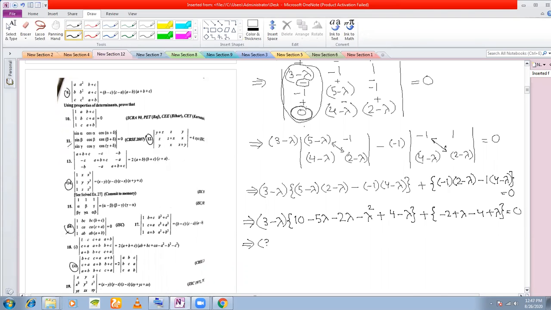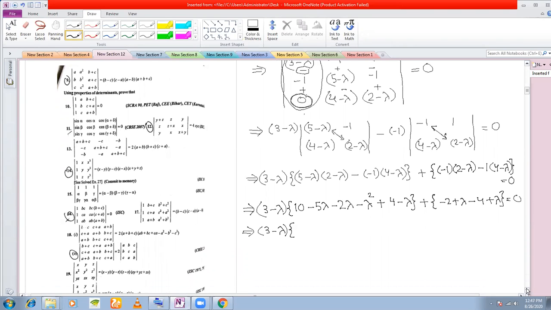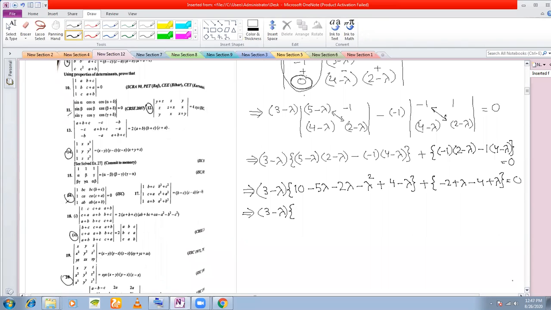So this is now 3 minus lambda. Okay, and this becomes minus lambda square, and this is 7 lambda, 8 lambda minus 8 lambda. Okay, and this becomes your 10 plus 4, 14.